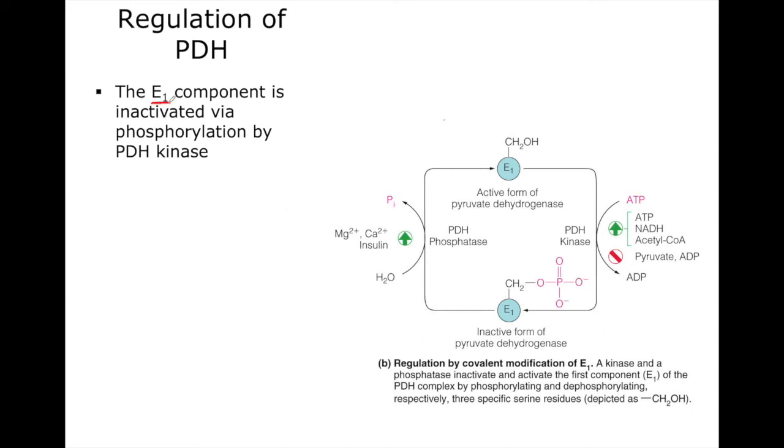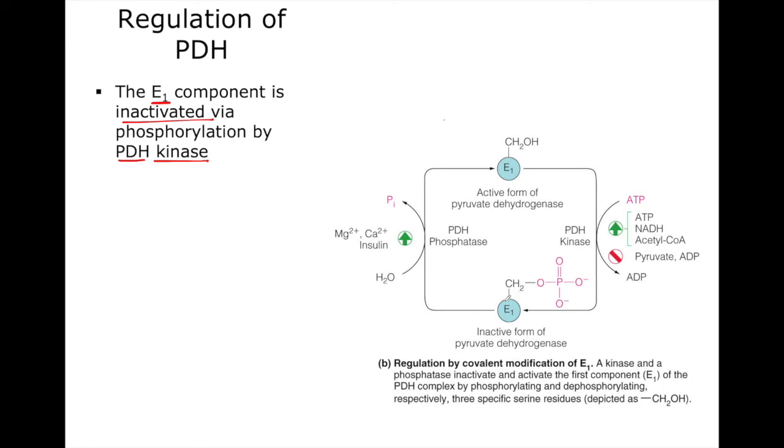The E1 portion of our complex can be phosphorylated by a particular enzyme called pyruvate dehydrogenase kinase. Remember, kinases add phosphate groups. So when pyruvate dehydrogenase kinase phosphorylates our complex, it will inactivate it. So phosphorylation inactivates our complex.